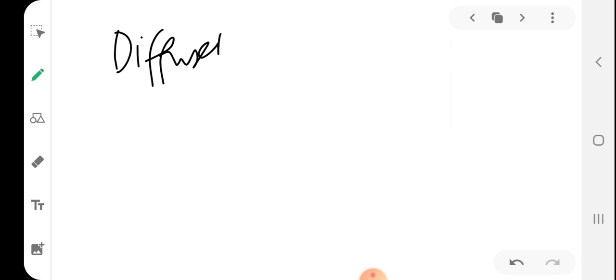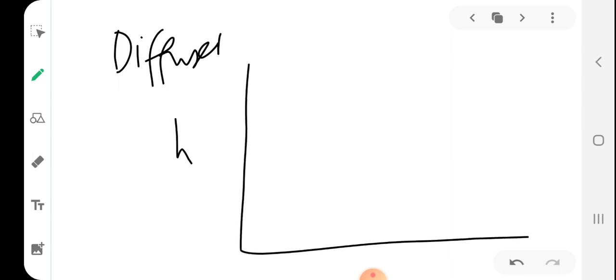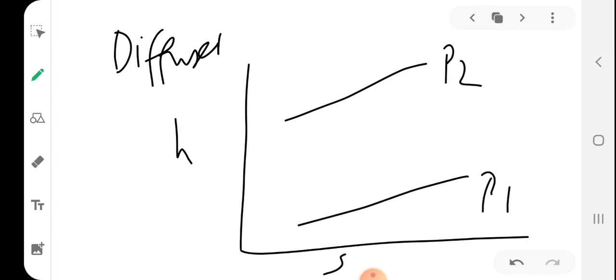Similarly, in the case of a diffuser, how can you show it in the graph? This is the HS diagram. For the diffuser, this is P1, this is P2. So here it is 1. In the diffuser we are reducing the speed, so it will be in the upward direction.